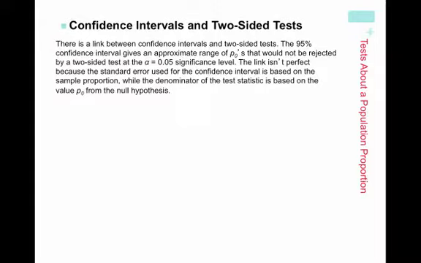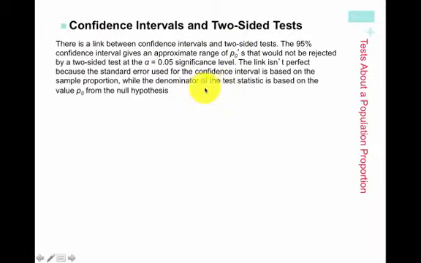Our 95% confidence interval gives us an approximate range of p-zeros that would not be rejected by a two-sided test at the 0.05 significance level. Notice 0.05 significance level, 95% confidence interval, those add up to 100%.